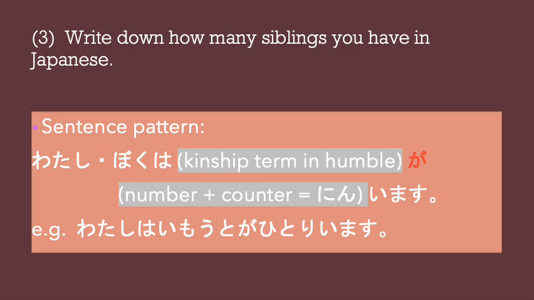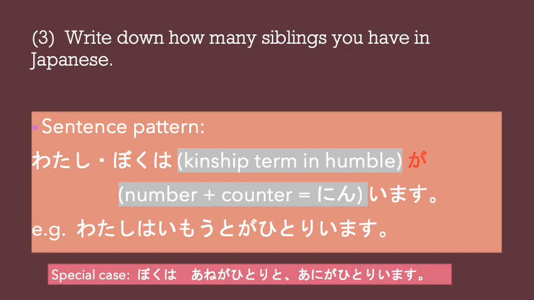Okay, special case. If you have one older sister and one older brother, then you can put them all in one sentence like this. 僕は姉が一人と, meaning and, 兄が一人います。大丈夫ですか?